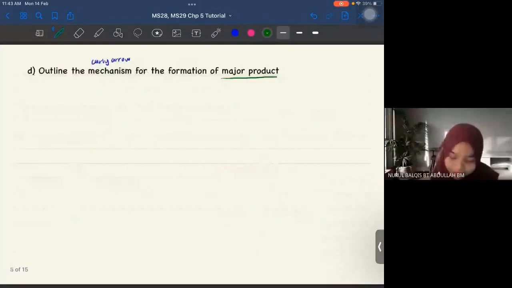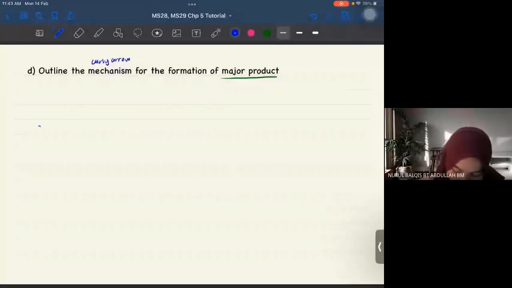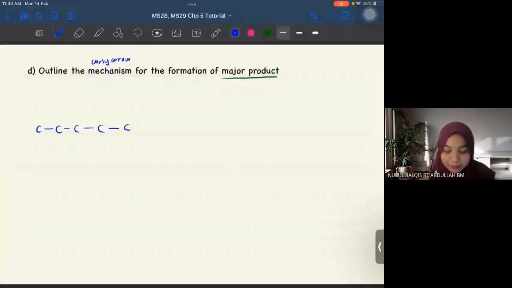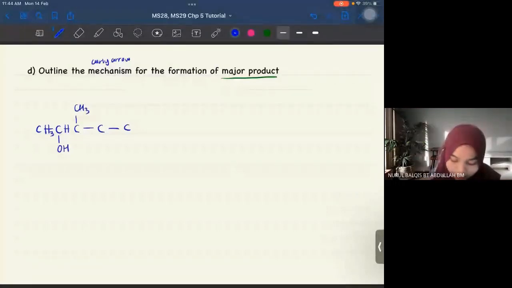Okay, so kita lukis balik structure kita ada 1, 2, 3, 4 and 5 sebab kita nak start pada dia ni. Carbon number 2 we have OH. Carbon number 3 we have CH3. The rest is hydrogen. Okay, H, CH2, CH3.